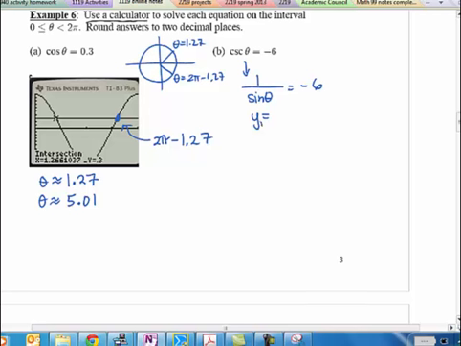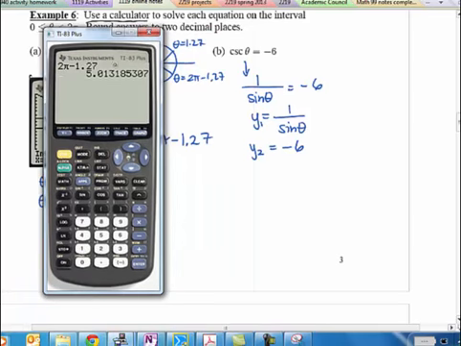So y1 we'll do 1 over sine theta, and we'll do y2 equals -6, and then we'll look for the intersection points. So 1 divided by sine theta, or sine x, and then -6.